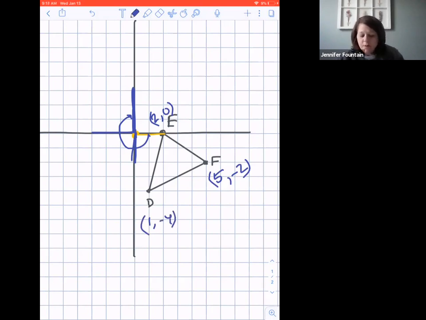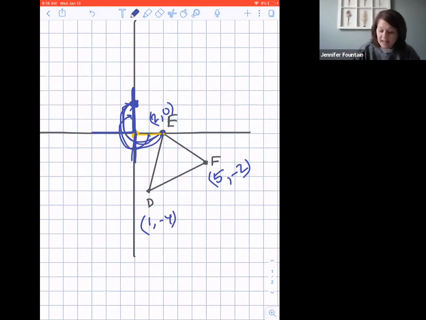So when it makes that rotation, what was 2, 0 has rotated. This point has rotated around here 270 degrees to 0, 2.